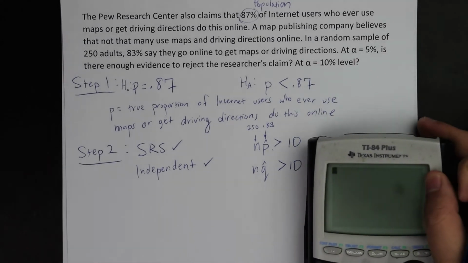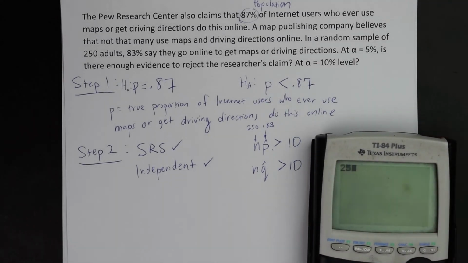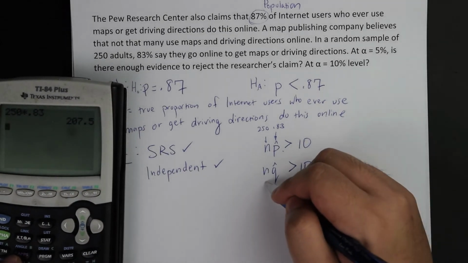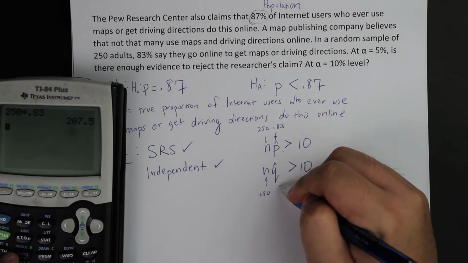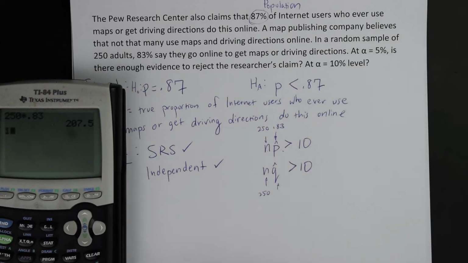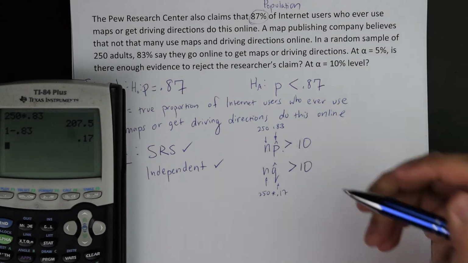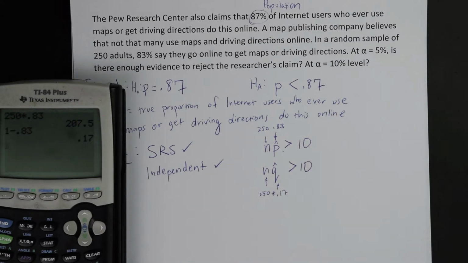And so on the calculator, I could confirm that 250 times 0.83 is going to be the value 207, which is greater than 10. Perfect. For the next part below, n is going to be 250, but for q hat, it's going to be 1 minus 0.83, aka 0.17, because q hat represents the complement, the other component of p, so the separate portion of the 100%.